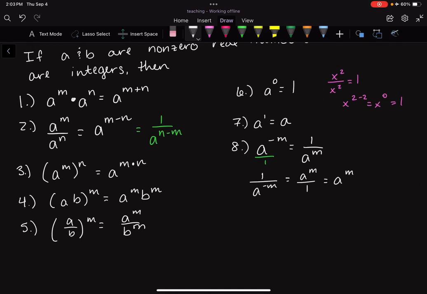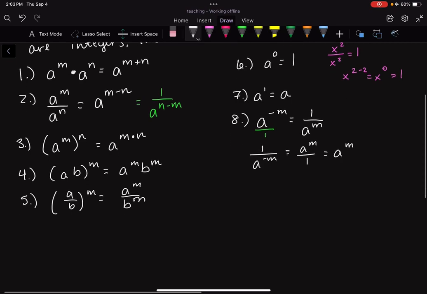Next, I want to show you a little bit of, I don't know if I'd call it really a trick or anything, but we're kind of just using some of this information. So if we have a over b, and we say it's to the negative m, we want to look at how can we simplify this? So since the negative m is really going to both the a and the b, I'll need to switch both of them.